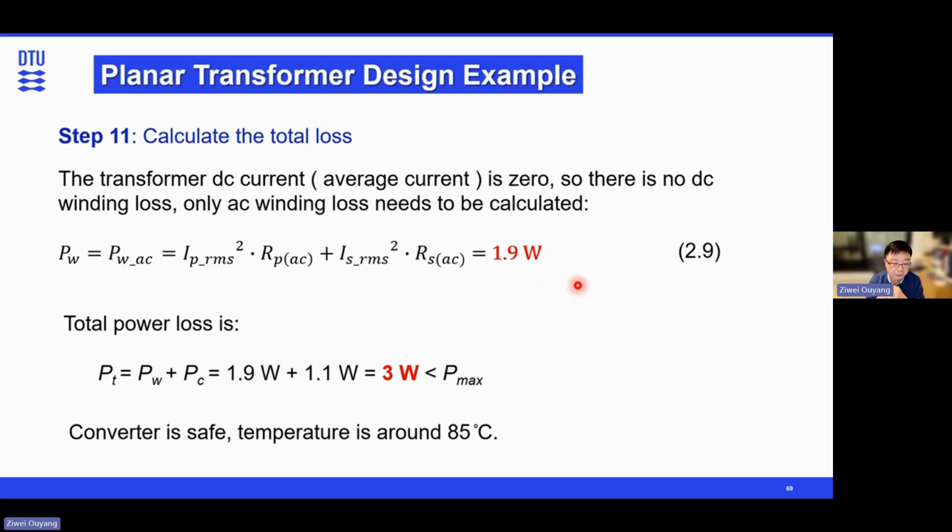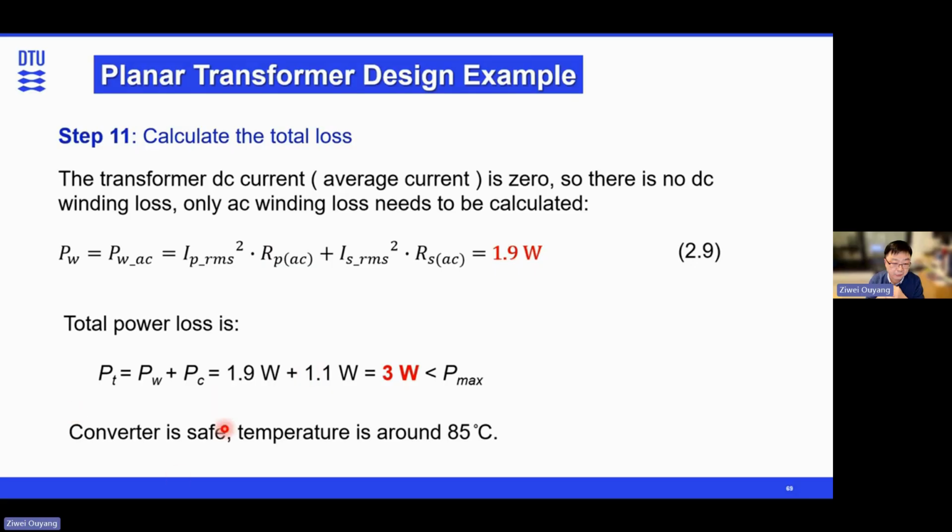And then from step 3, we got our core loss of 1.1 watts, and adding them together, we have 3 watts in total, which is smaller than the maximum 3.75. You can see here the winding loss is slightly higher than the core loss, so I would say this is close to the optimal design.